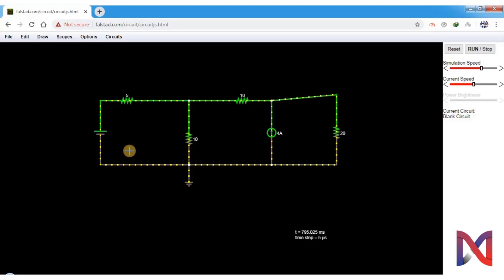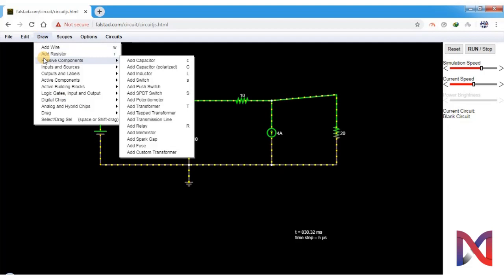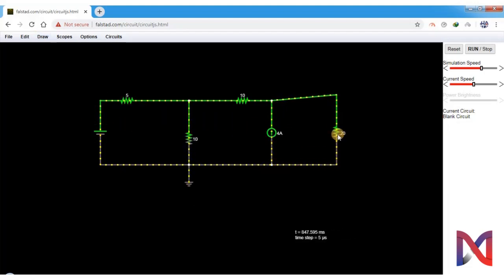The first thing we need to do is remove our load. So we will click on select and drag and remove the load. Now our next step is finding voltage at V1 at this point.